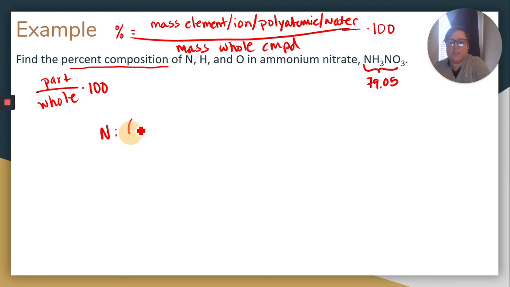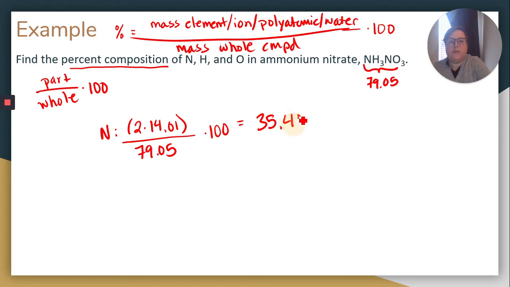Now there's 2 nitrogens, so we would have to do that mass twice, divided by the mass of the whole thing times 100. And we would have 35.4% nitrogen. For percents, you need to go to at least 1 decimal place.